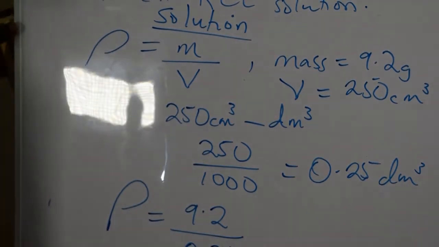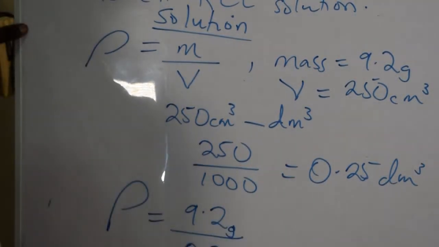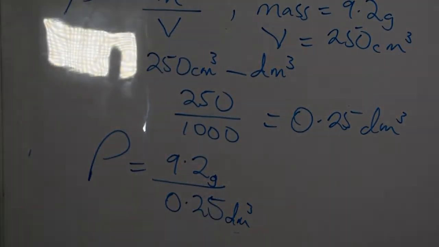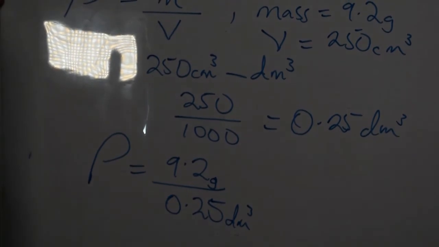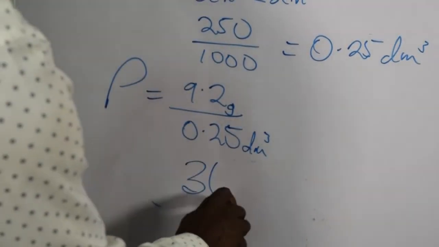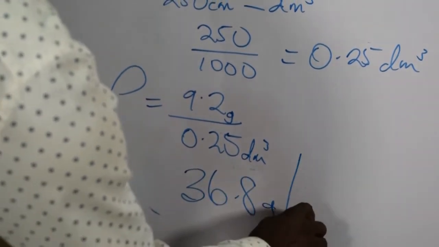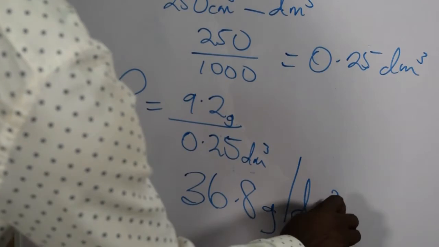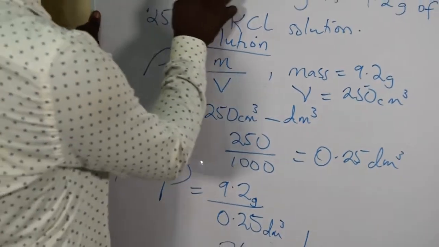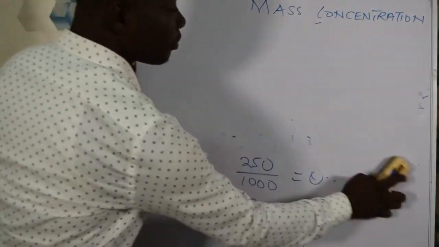I'm sure you have taken your calculators. 9.2 grams divided by 0.25 dm cube, and that will be 36.8 grams per dm cube. So that is it for mole and then mass concentration.